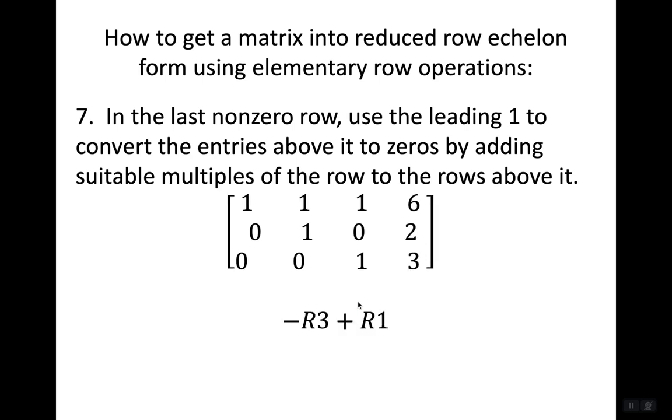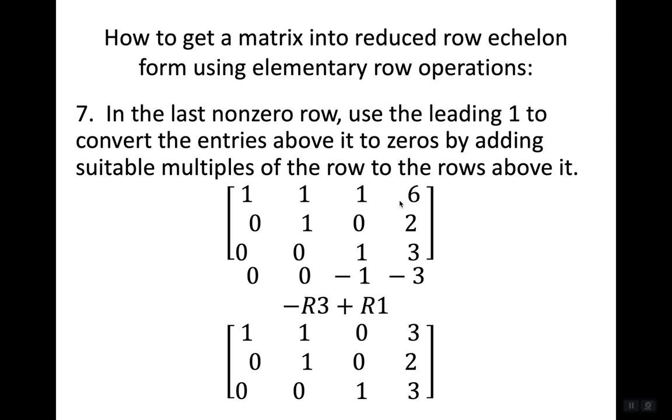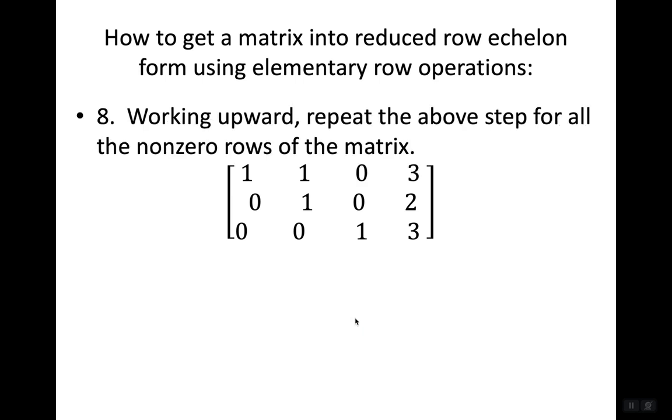So negative row 3 added to row 1. We're going to use this guy to kill off this guy. Again, I like to write this. So negative row 3 is going to be 0, 0, -1, -3 added to the top row. And this is what we end up with. So 1, 1, 0, 3. Great. We've converted both of those to zeros.